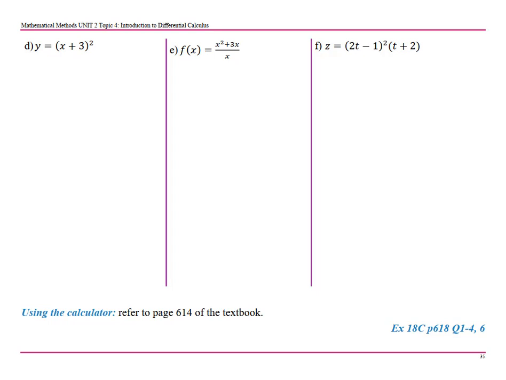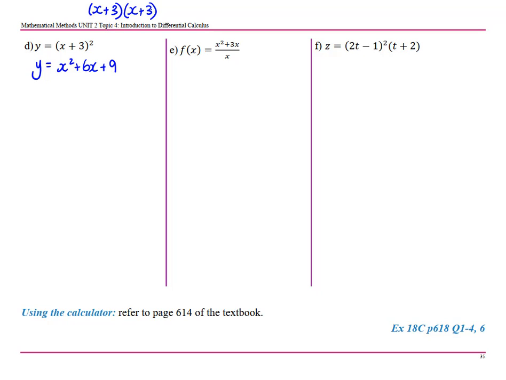If you're given brackets, you're going to have to expand the brackets at this point in time until you learn a shortcut. So here we have x squared plus 6x plus 9. If you forget how to expand your brackets, then put them in full.